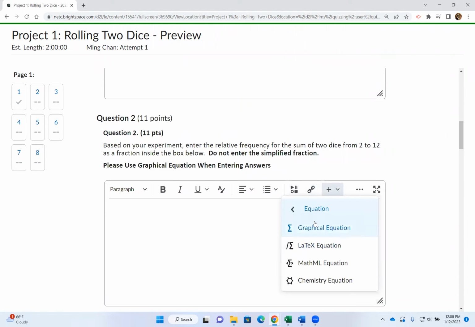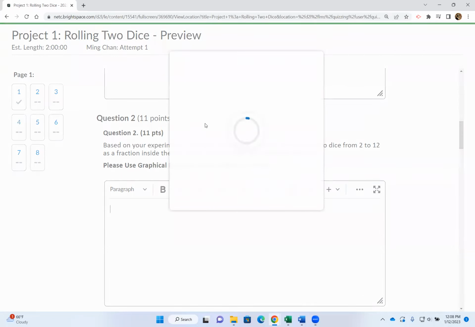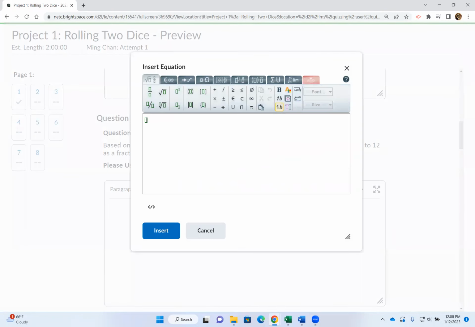So my example earlier, let's pretend you roll the sum of 2 5 times. So here on the graphical equation, you will just write sum of 2, and you just say equal. You rolled 5 times, so it'll be 5 out of 100.